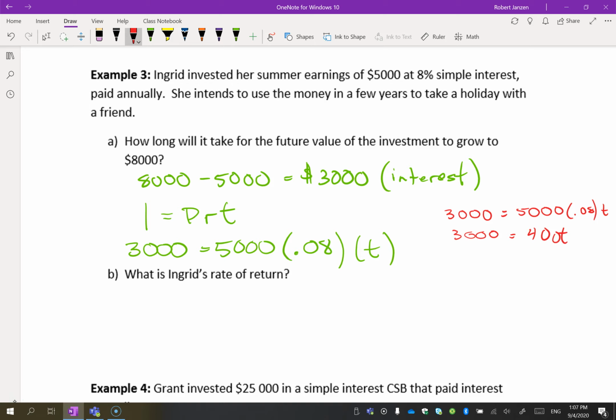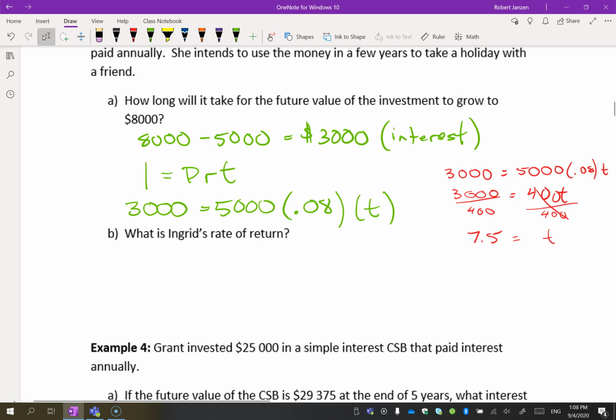So 3,000 divided by 400. Okay, let's divide by 400. T is 7.5. Now what is 7.5? 7.5 is 7.5 years it would take for us to gain that much interest.